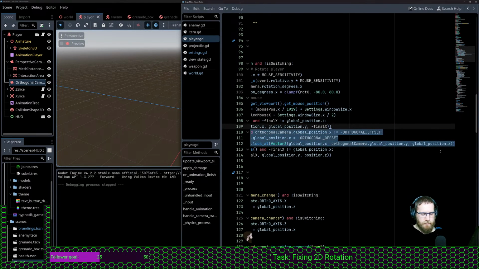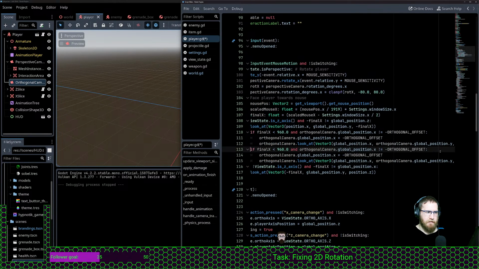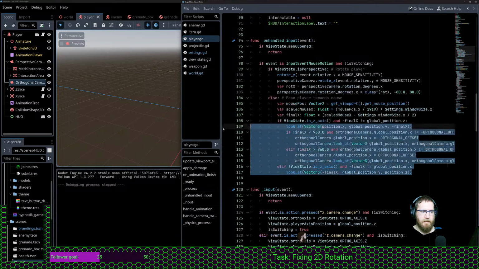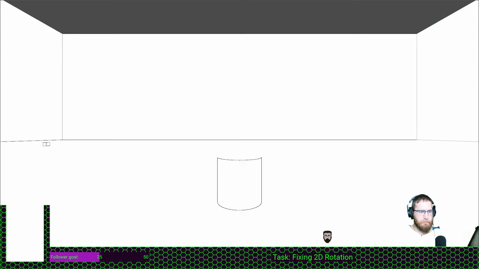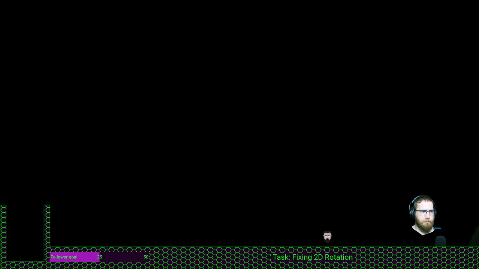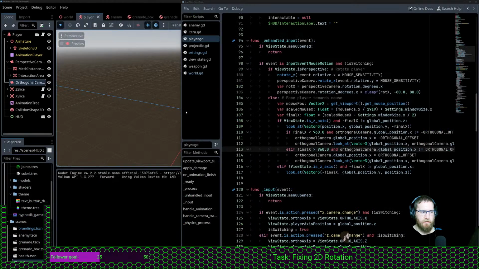I think the other issue is that I need to be doing this if it's greater than, and it doesn't already equal that. I think that's my other problem. Okay, so that's looking the correct way now. It's just rotated the wrong way.